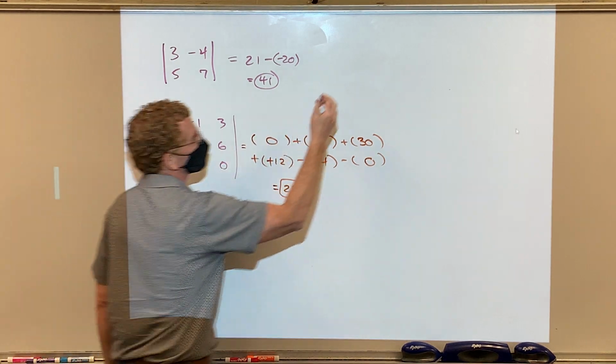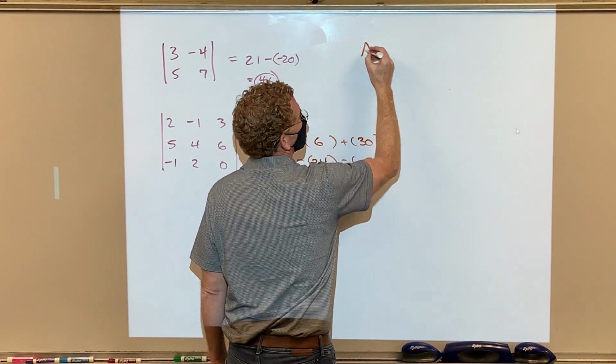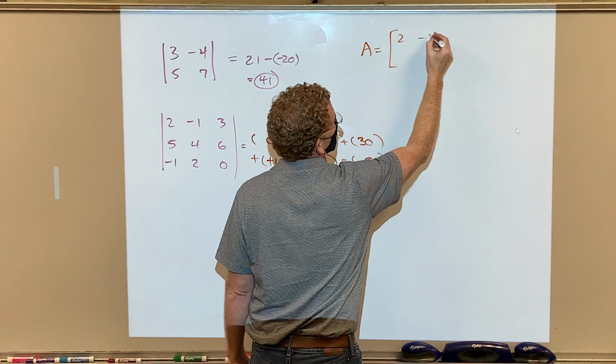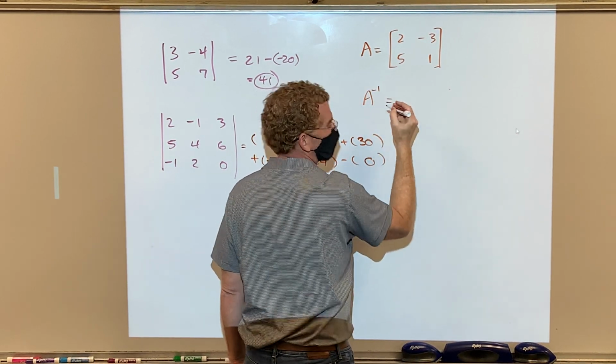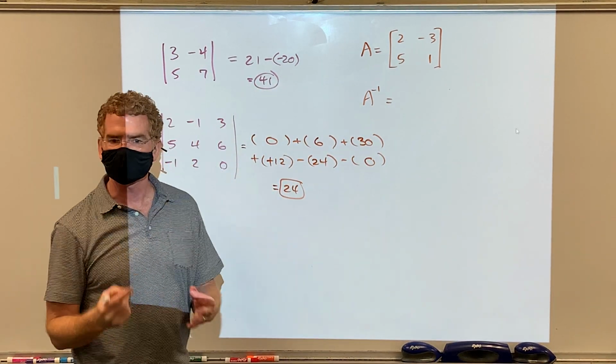And then the last thing, just review. If I told you that A was, say, this matrix, and I said, what is the inverse of A? What do we do to find an inverse?